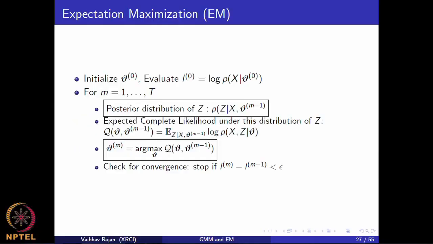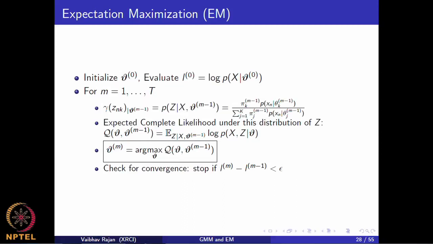And if we plug this into the EM framework, so this is the EM framework, you start with a guess, you iterate by first finding the posterior distribution of z, and then you find the expected complete likelihood under this distribution of z, and finally maximize to get the new guesses, right.